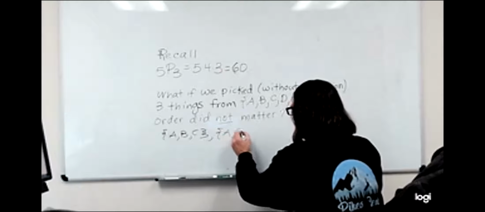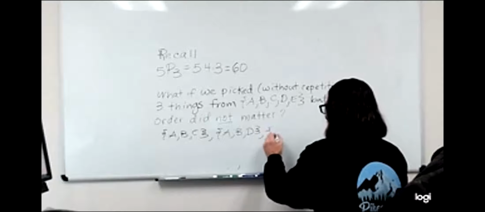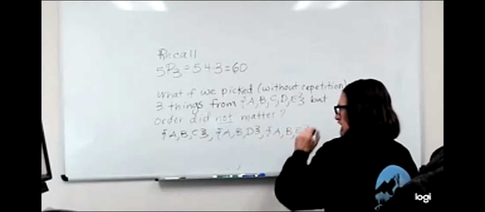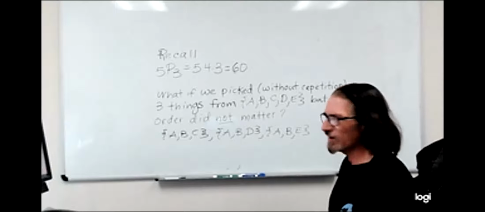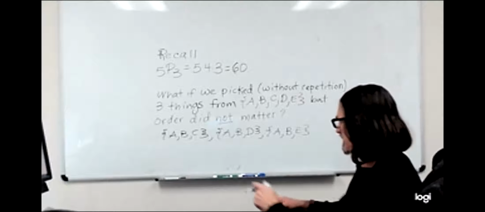I could choose A, B, and D, or A, B, and E. I'm pretty sure those are the only ways I could have both A and B in there. Let's see here.